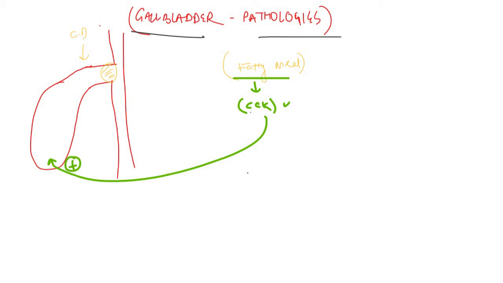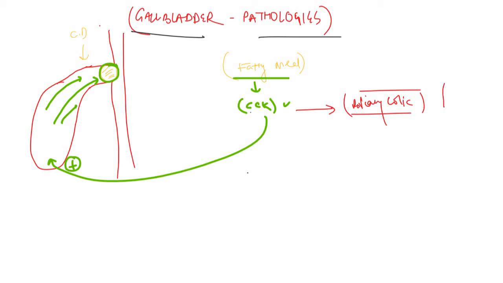As a result of the contraction in the GB there will be contraction against an obstruction, and whenever there is a contraction against obstruction it results in pain. This pain is called biliary colic because it is arising from the biliary tract and it is colicky in nature, rising in intensity and decreasing. That is why it is called biliary colic.